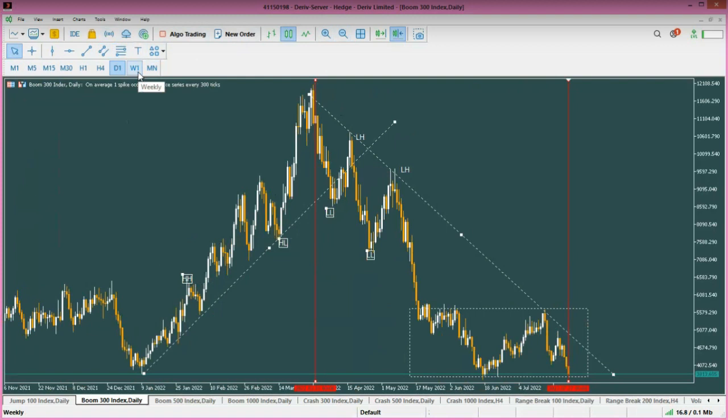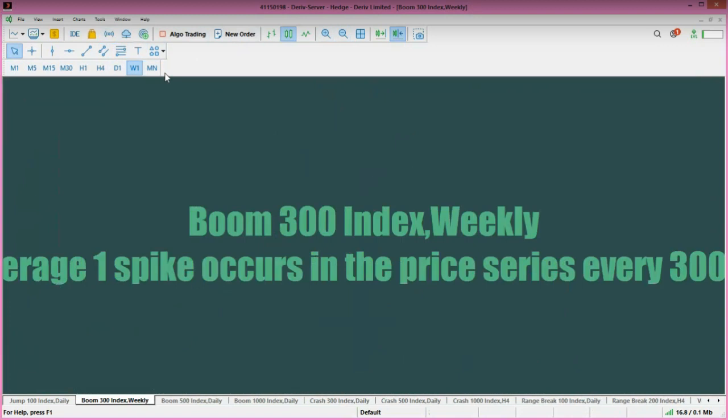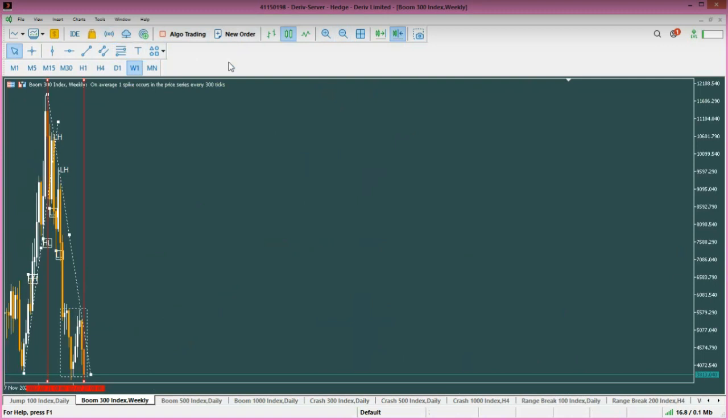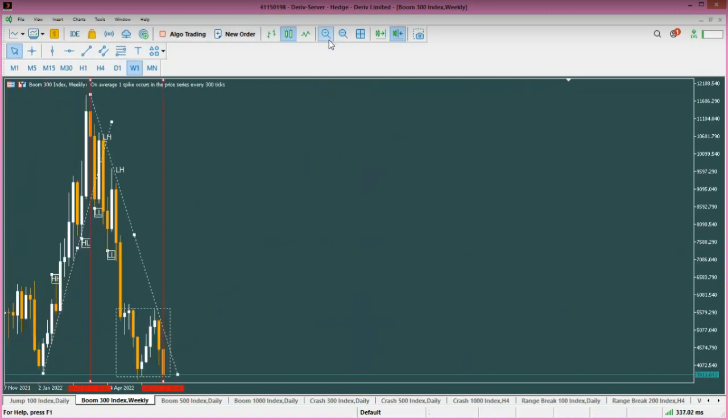So here's what happens. Whatever you see there, let us go to our weekly time frame and see if we see the same thing. This is actually Boom 300. What does our weekly time frame say?